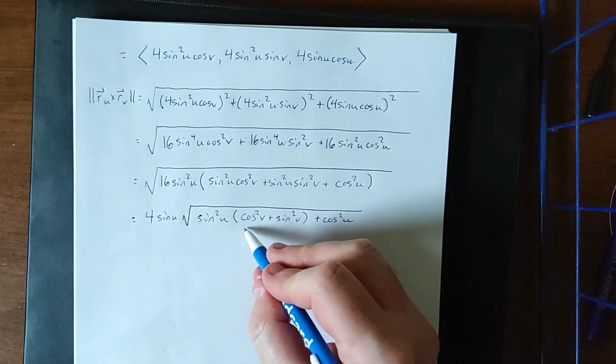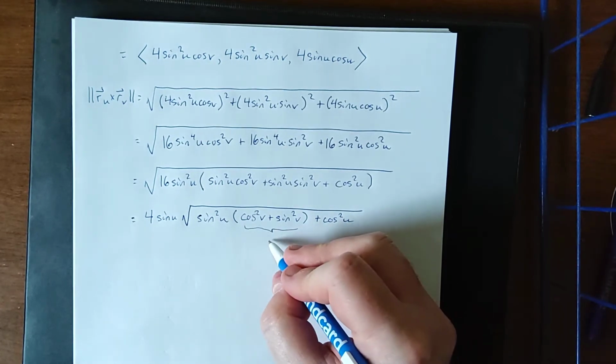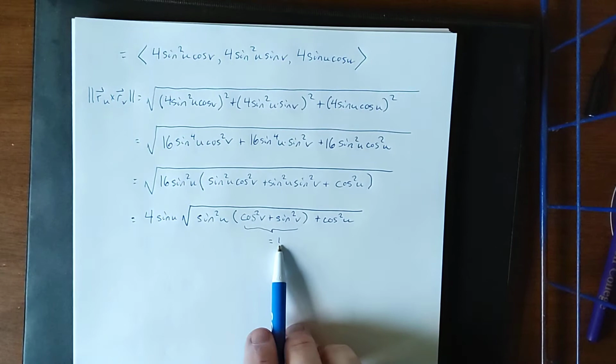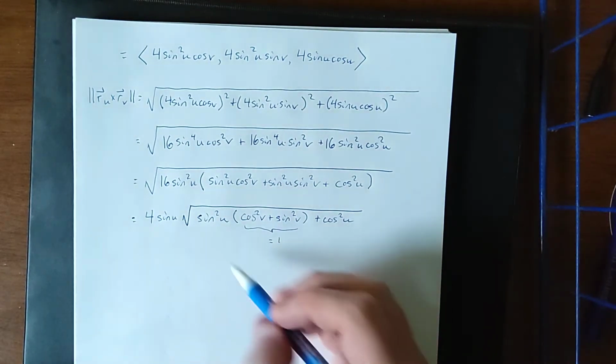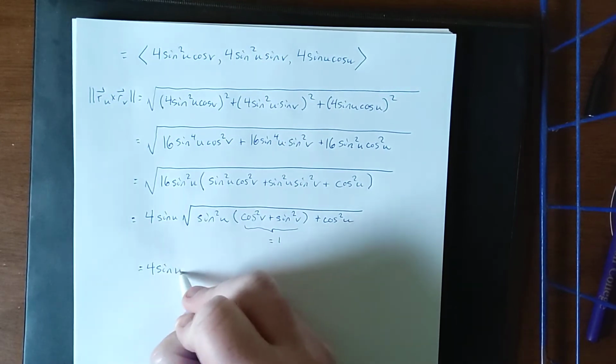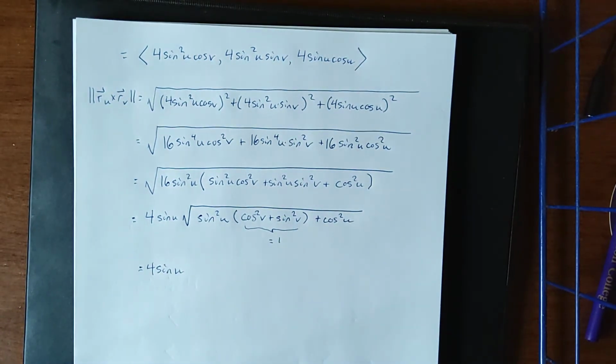A Pythagorean identity does in fact confirm that this is going to be equal to 1, leaving us with sine squared of u times 1 plus cosine squared of u. Then those two terms will in turn become 1 from another Pythagorean identity, leaving us with 4 times the sine of u.